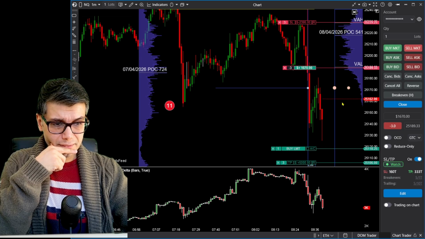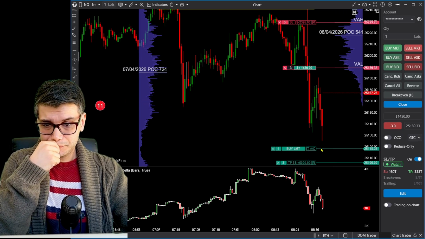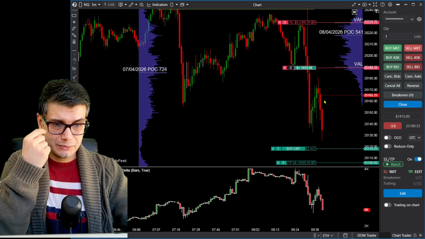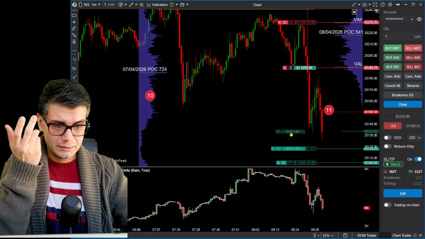Spread is still high. It's very high. It might not even take my order. I don't like this. Why is the spread there? Maybe I close manually.